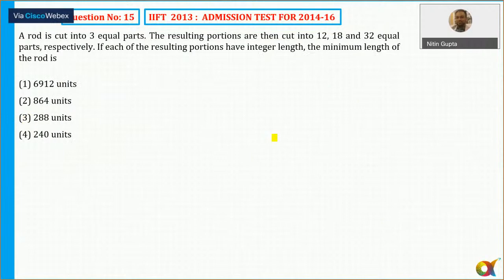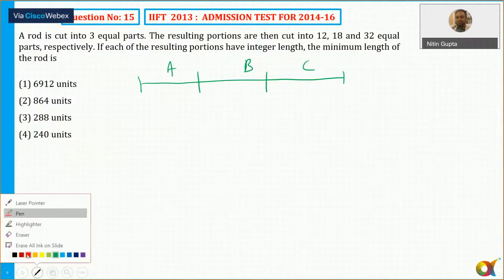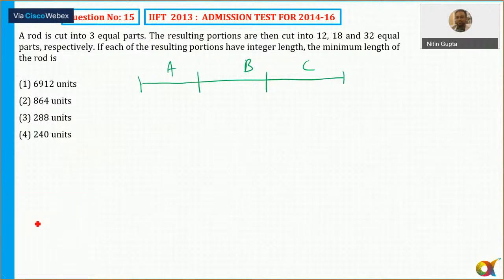Question number 14. A rod is cut into 3 equal parts. So there is a rod which is cut into 3 equal parts. Okay, let's say this is the rod. The resulting portions are then cut into 12 and 18 and 32 equal parts.